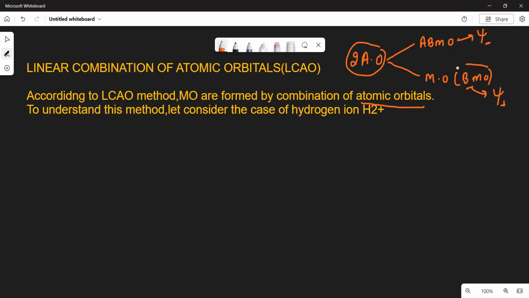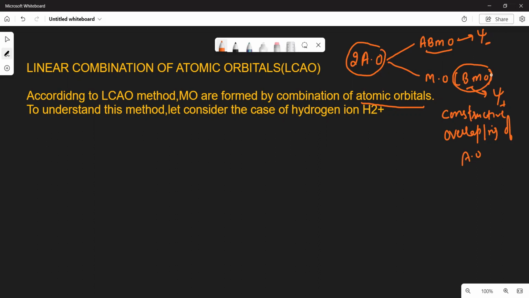As we know, the bonding molecular orbital is formed by constructive overlapping of atomic orbitals. Similarly, the anti-bonding molecular orbital is formed by the destructive overlapping of atomic orbitals.